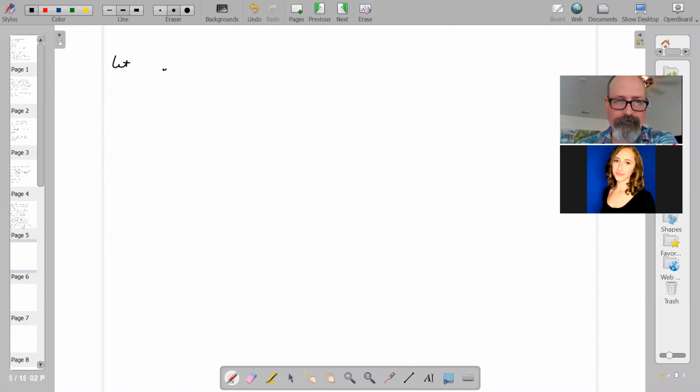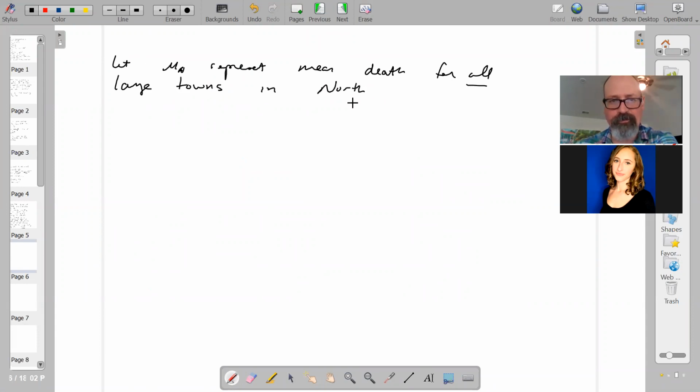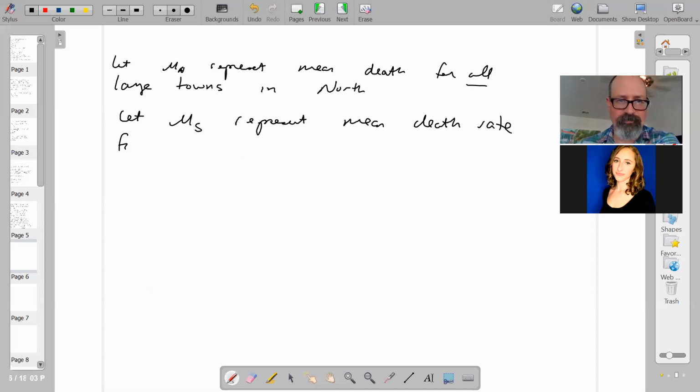We'll let mu sub n represent the mean death rate for all large towns in the north, that are north of Derby, and let mu sub s represent something similar, the mean death rate for all large towns in the south.